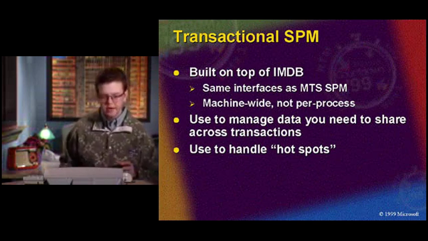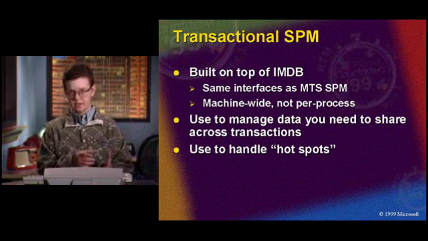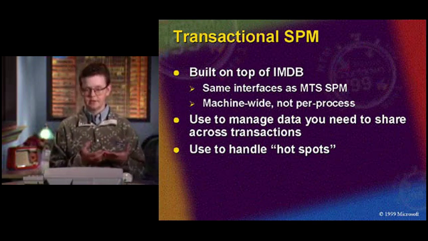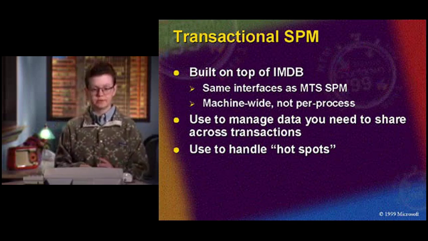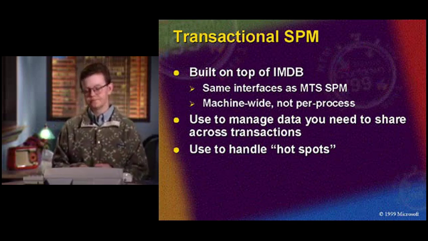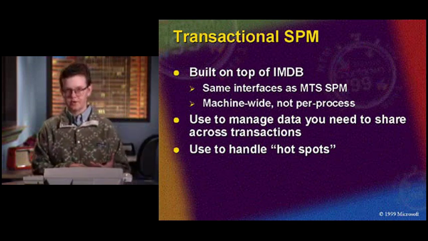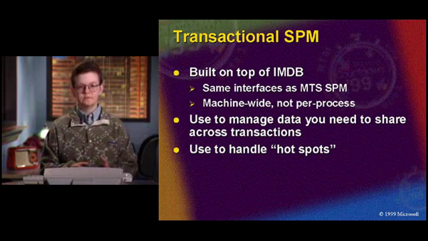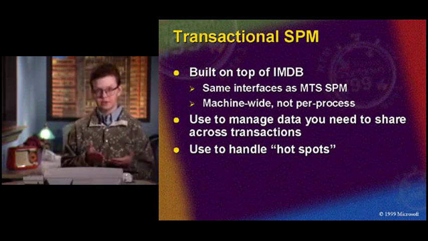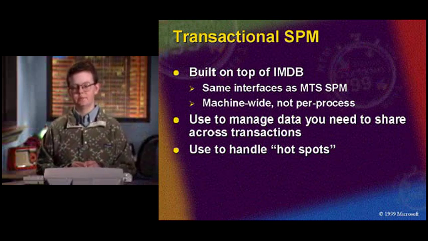In MTS, we had something called the Shared Property Manager, and this gave you a way to manage that shared transient state that you might need to maintain across transaction boundaries or between components or between clients. In COM+, we introduced this transactional shared property manager that's built on top of IMDb. The main reason for doing this is it uses the familiar shared property manager interfaces to access the functionality of IMDb.